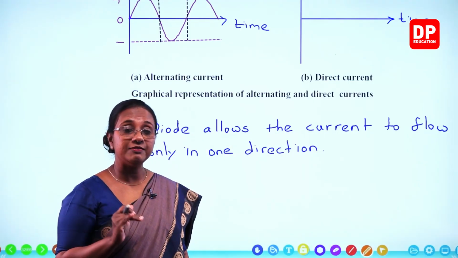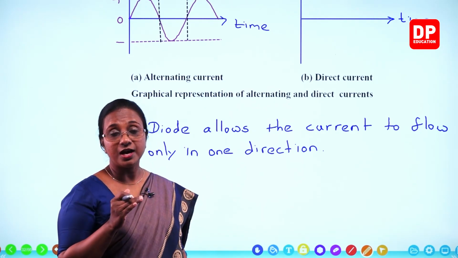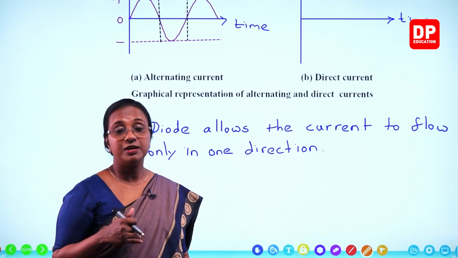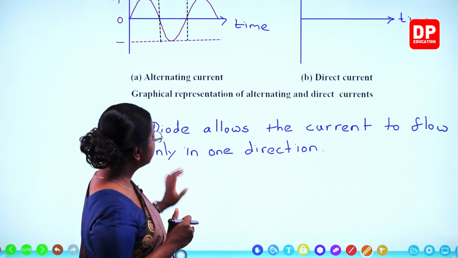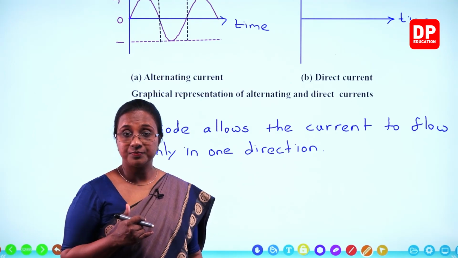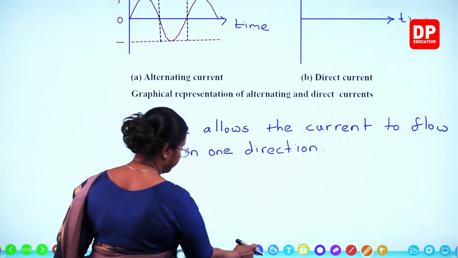Current will flow only if the P region of the diode is connected to the positive terminal and the N region is connected to the negative terminal. That is the forward biasing. So what will happen?